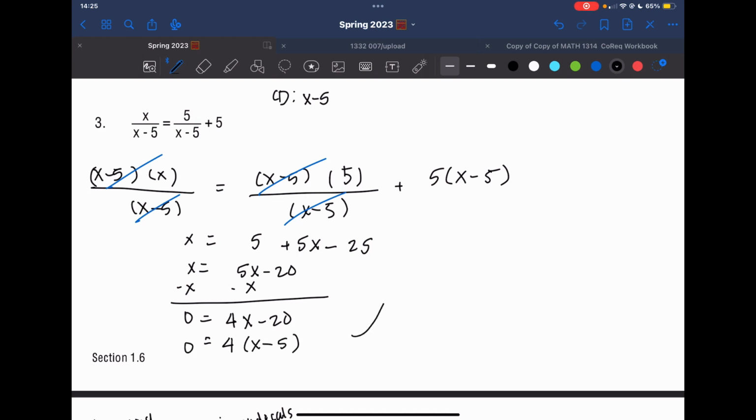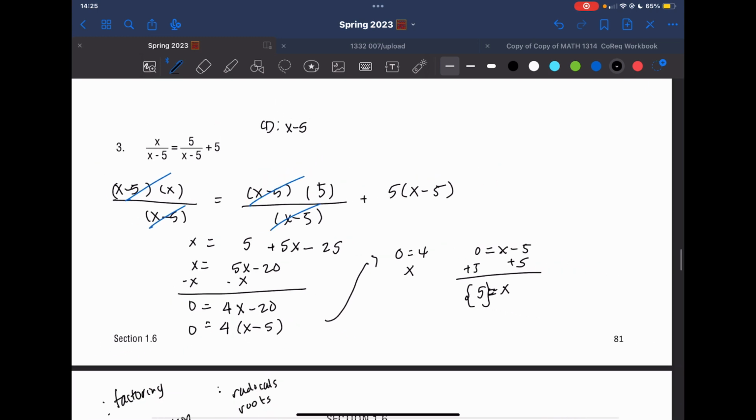So then we're going to say 0 equals 4, 0 equals x minus 5, plus 5 to both sides, x equals 5. This is not a solution. This one is a possible solution, right? X equaling 5 is a possible solution.